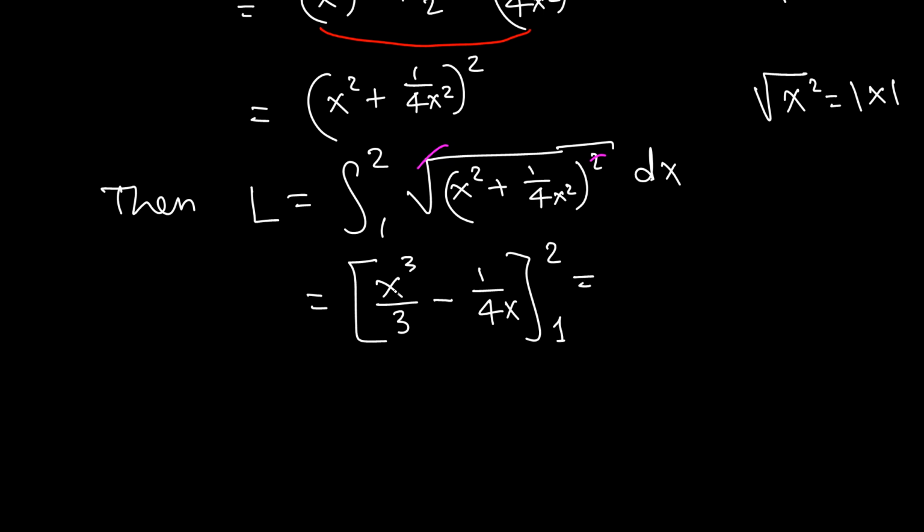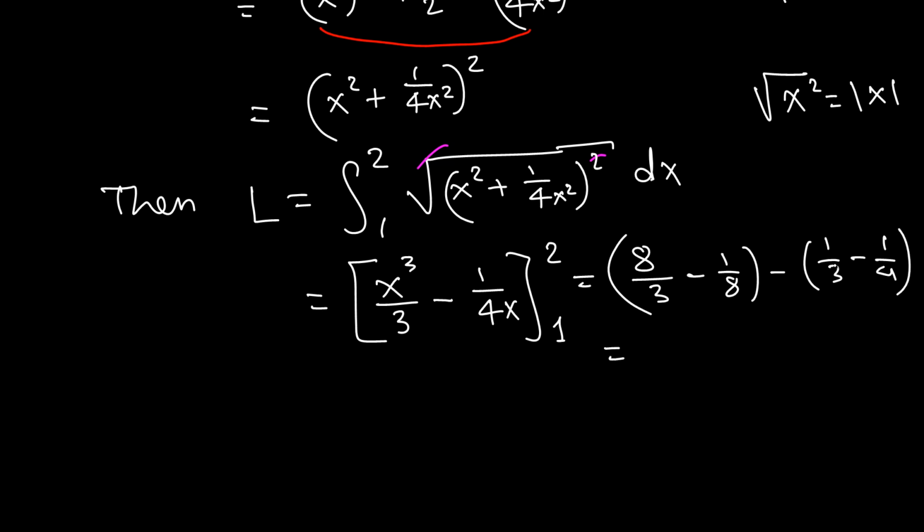Plug in 2 for x: 2 cubed, 8, over 3, minus 1 over 4 times 2, which is 8, minus 1 over 8. That's the upper limit. Minus, plug in 1 for x: 1/3 minus 1 over 4. Let's combine here.